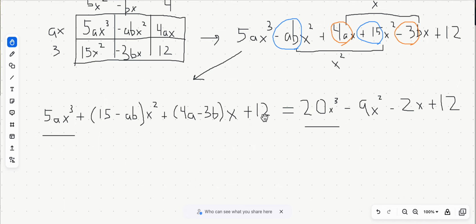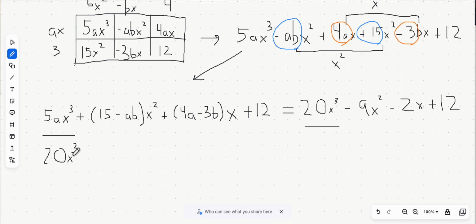That gives us the insight: if they're the same equation, then they must have the same coefficients in front of each of the x terms. So the x cubed term on the right has to equal the x cubed term on the left. The x cubed term on the right is 20x cubed, so the term on the left must also be 20x cubed, except we don't have a 20 there.